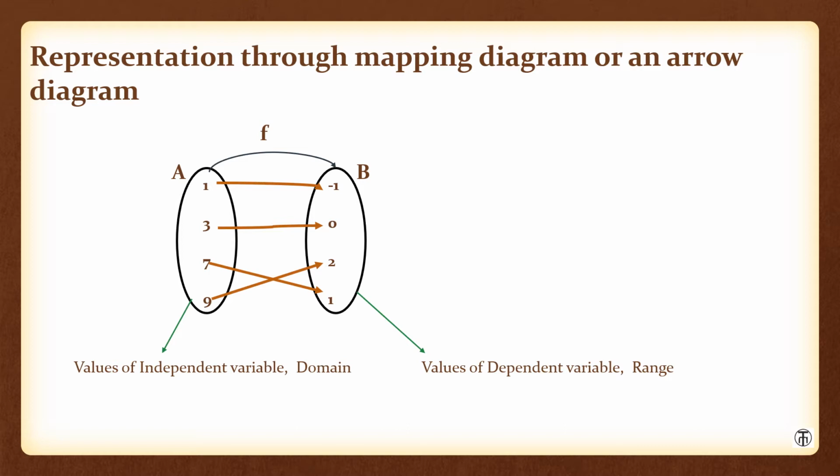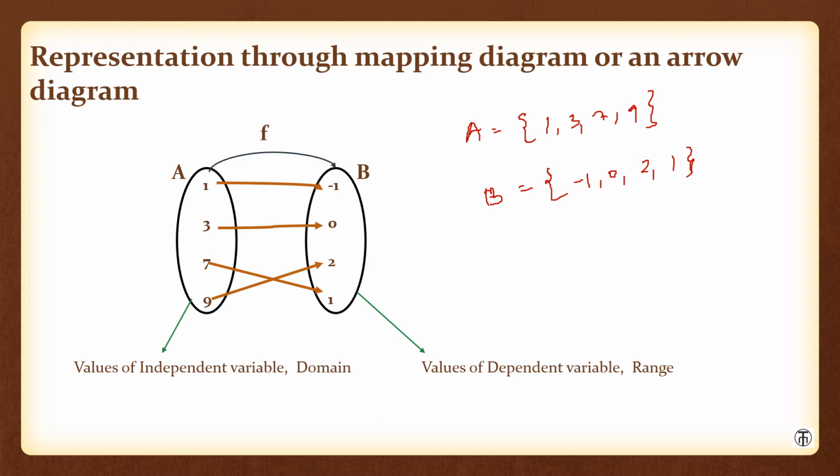So if A is any set with elements 1, 3, 7 and 9, and B is any other set with elements -1, 0, 2 and 1, then with the help of an arrow diagram, we can see this is the relation.